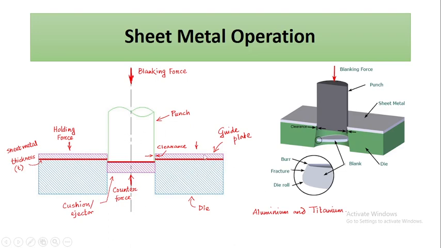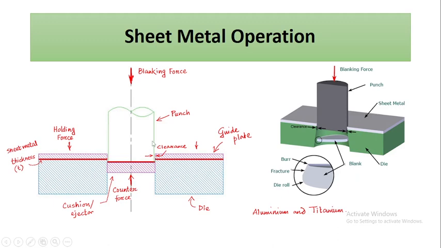then we will get this type of sectional view, where this one is a guide plate which is used to hold the sheet metal. That's why some holding forces are applied. And this one is a punch. This one is the sheet whose thickness is T, and this one is a cushion, given for applying some counter force.